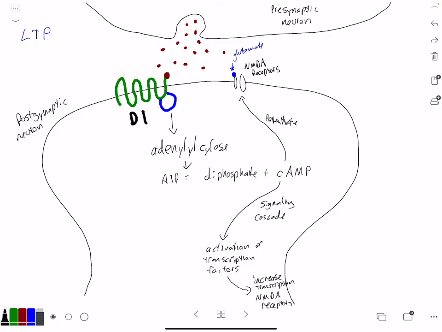Right, and so this will produce our NMDA receptors. And they will be brought up to our membrane and incorporated. And so we've increased the density of our NMDA receptors, right?